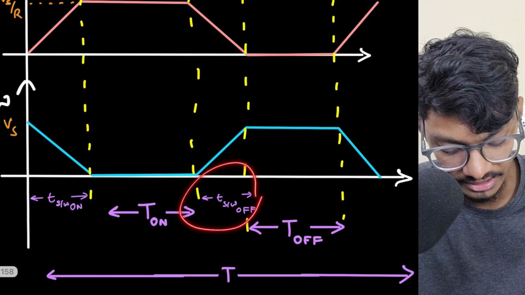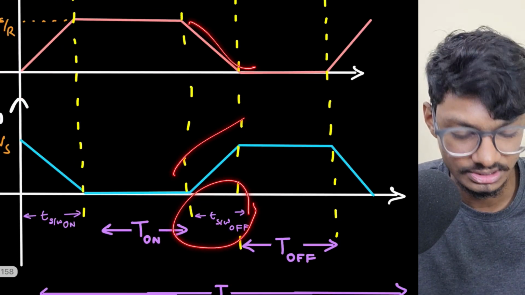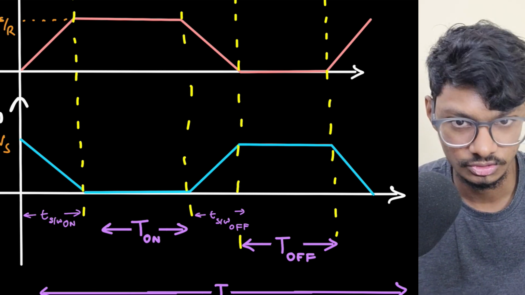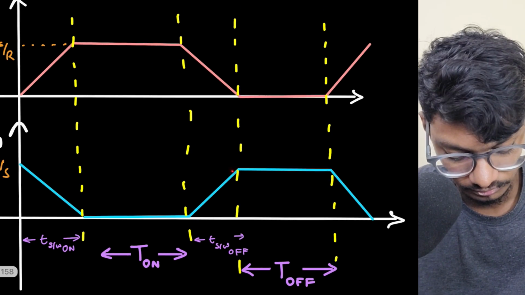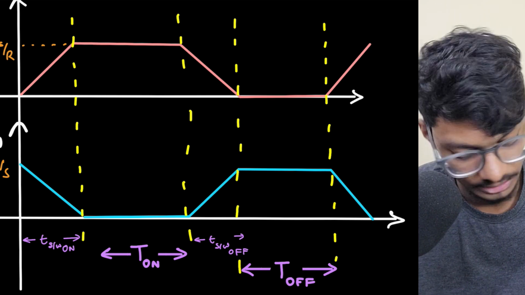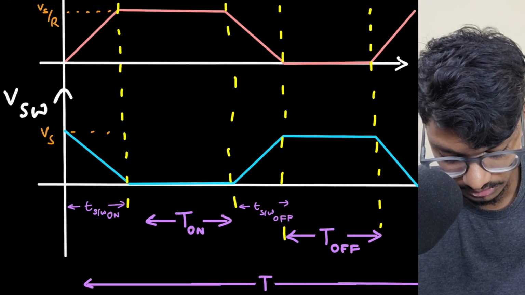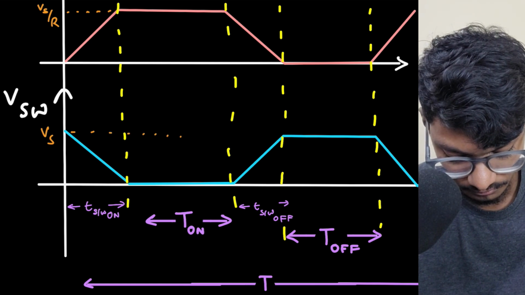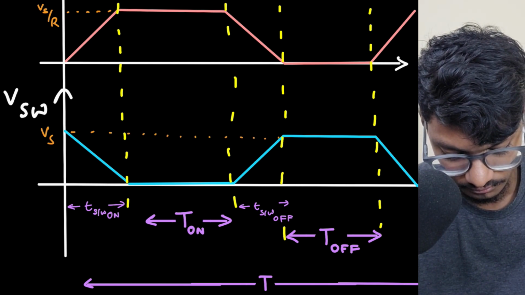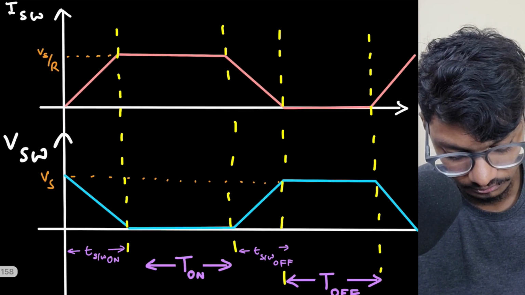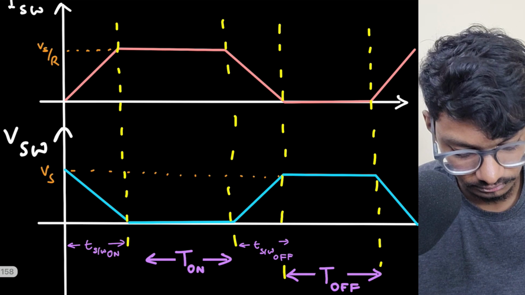In this time period, the current is decreasing and voltage is increasing, and this is known as the T switch off, the time taken for the switch to turn off. Next, it has again reached steady state, so this value is Vs, and this value is Vs by R.